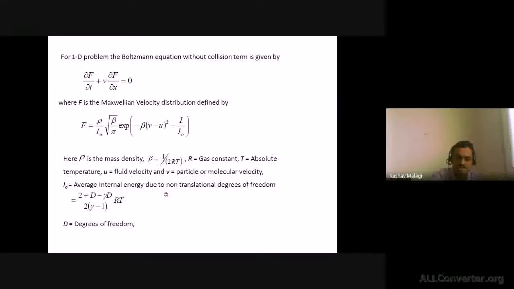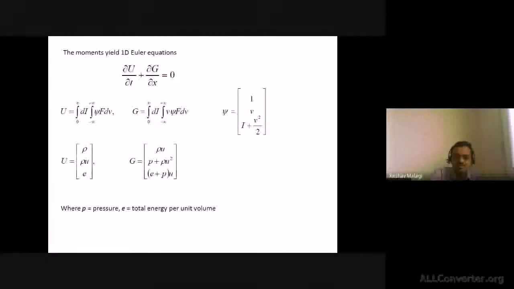These are the internal energy representations and degrees of freedom. You don't need to get into details of these things. Suffice it to say that this is a Boltzmann equation where, if we take F to be Maxwellian, its moments will lead to the Euler equations if we do some operations on it. From the kinetic representation to the Euler representation is possible.